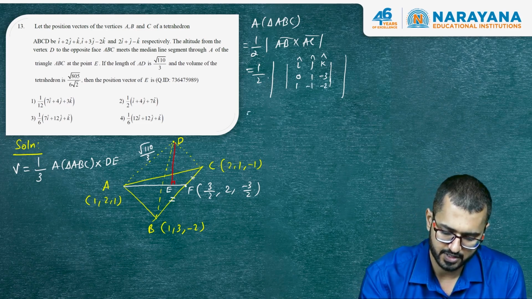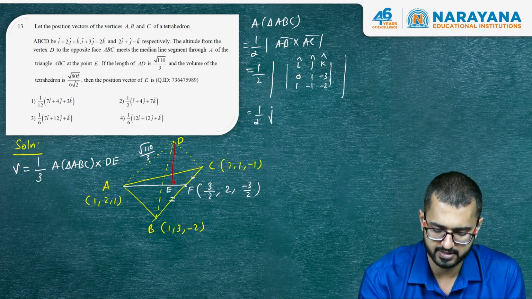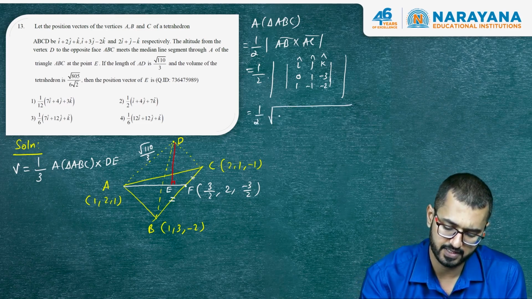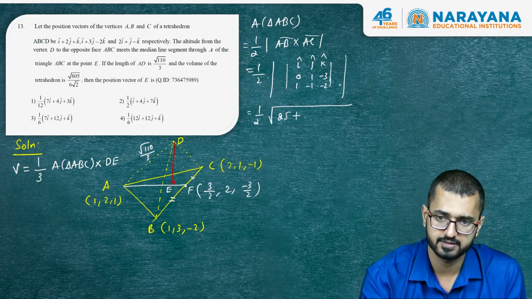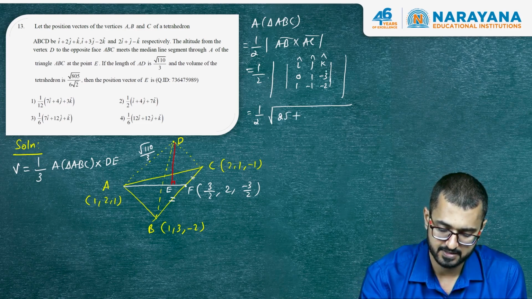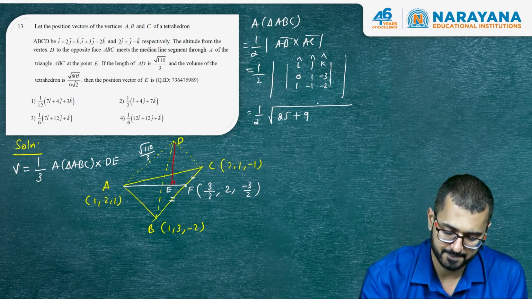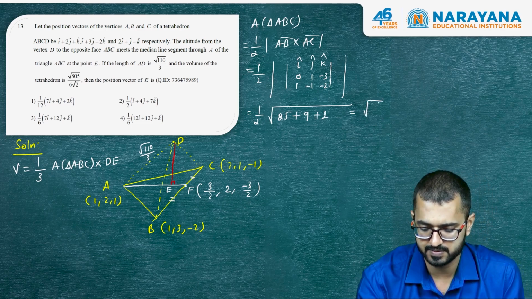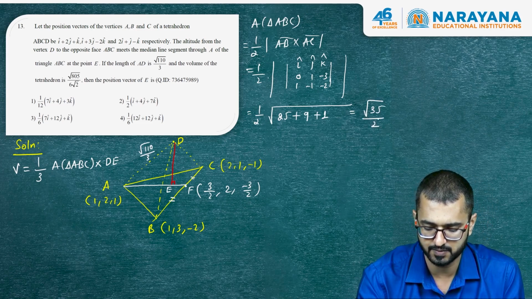Now we want its magnitude, so we'll go on writing simultaneously. So that turns out to be, for I, -2 minus 3 for 5, means 25, plus next it is J, so 3, so 9, and then next is K, so 1. That means we now have 25 plus 1, 26, plus 9, 35, so the area is root 35 over 2.